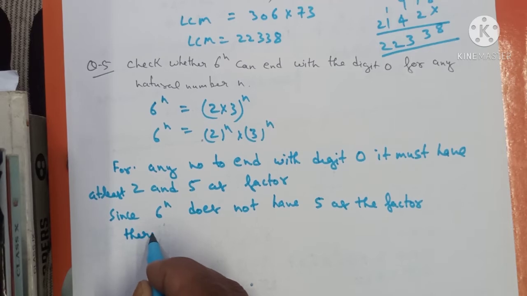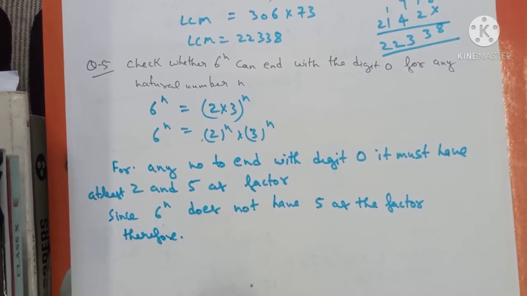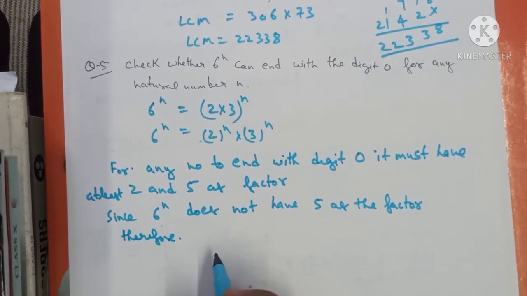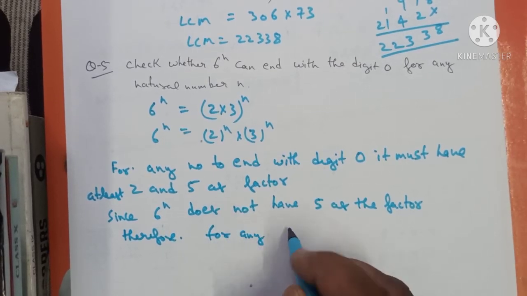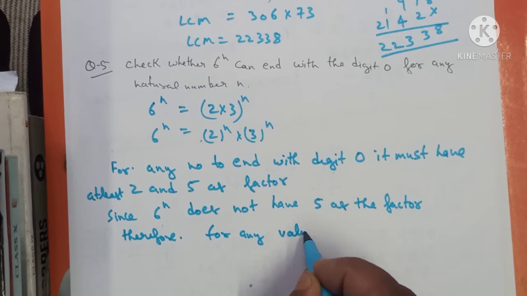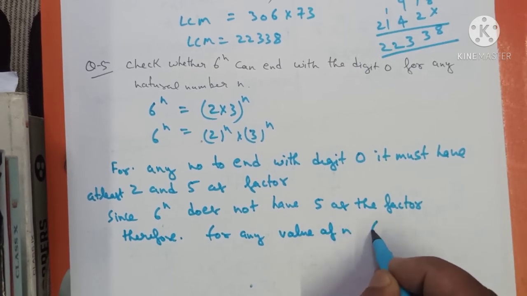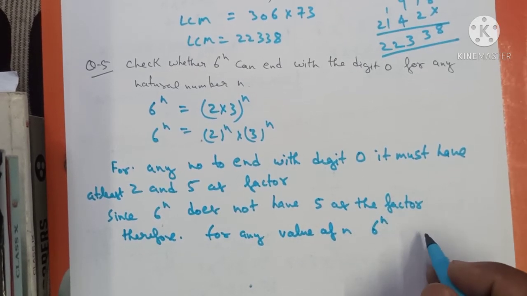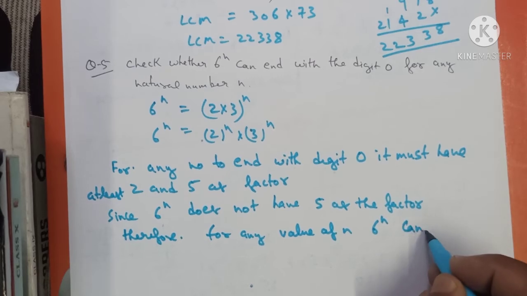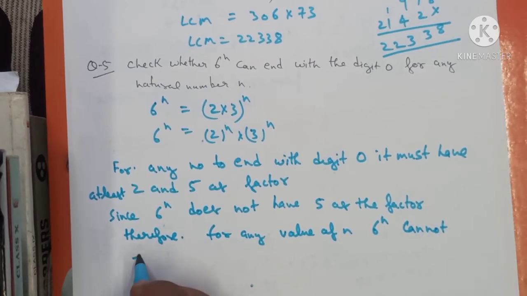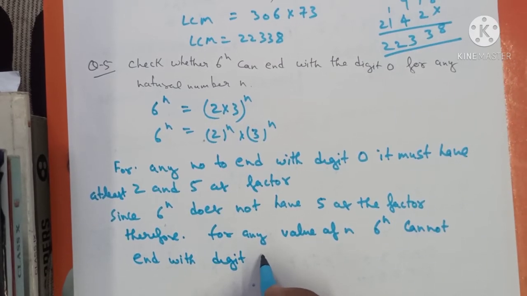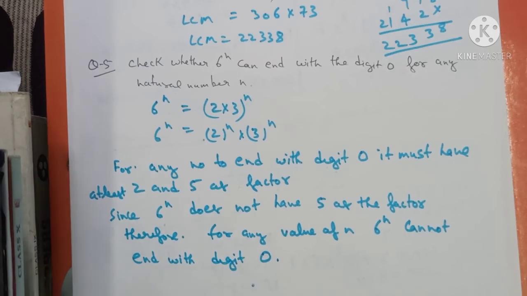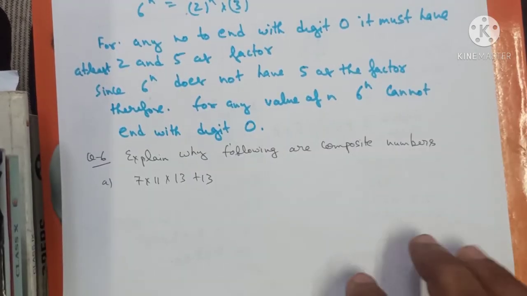Therefore we can say that for any value of n, 6 power n cannot end with digit 0. Okay, understood?